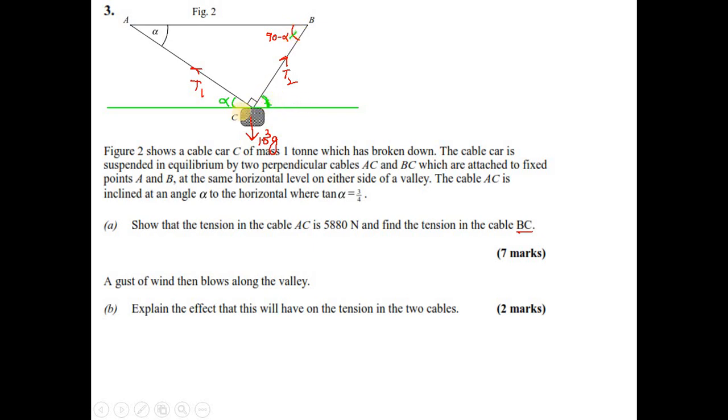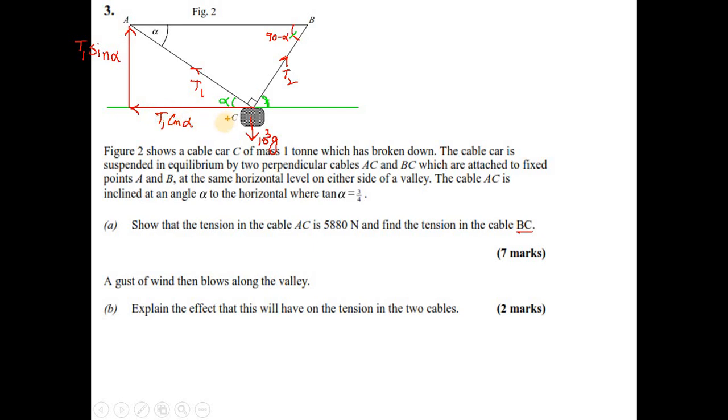Okay, now I am resolving T1 into its components, and you can visualize the vertical component of T1 and the horizontal, or adjacent, component of T1, like that. This component is T1 sine alpha, and this component is T1 cos alpha.